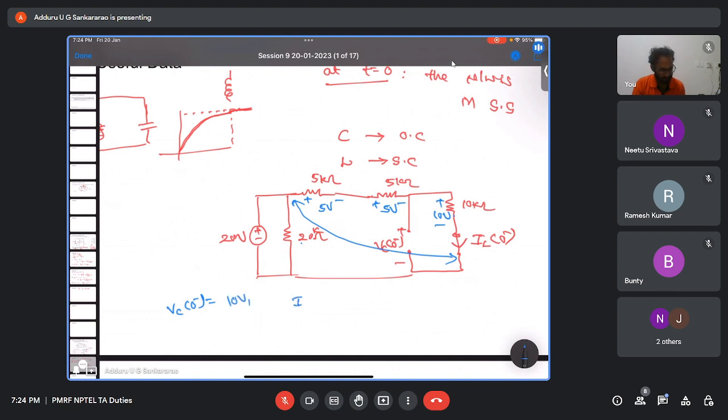And what is IL of 0 minus? This current is nothing but 10 volts by 10k, so 1 milliamp. Is that okay? At steady state, the capacitor charges to 10 volts and the inductor current is 1 milliampere. Till here, is this okay?